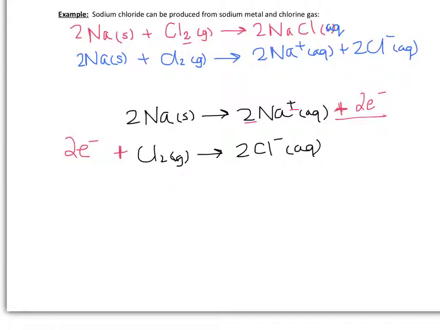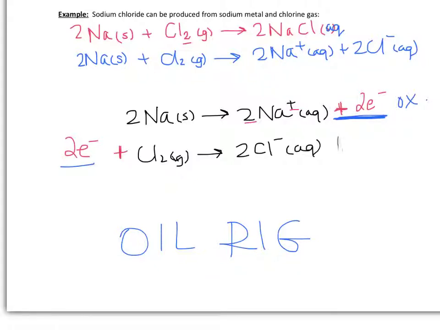Thinking about oil rig and having to determine which one is oxidation and which one is reduction. So oil rig, oxidation is loss, reduction is gain. In the first half reaction, I am losing electrons, so this is oxidation. In the second half reaction, I'm gaining electrons, so this is reduction.